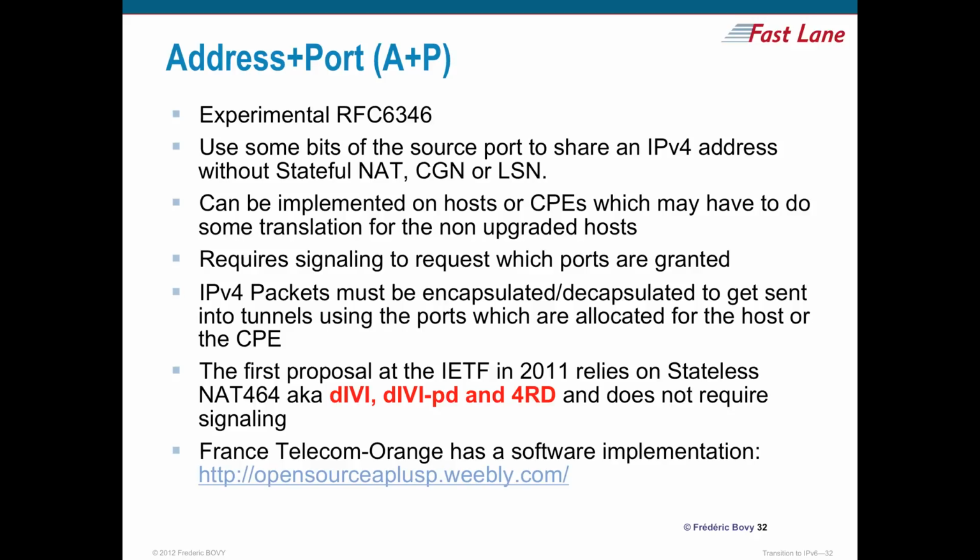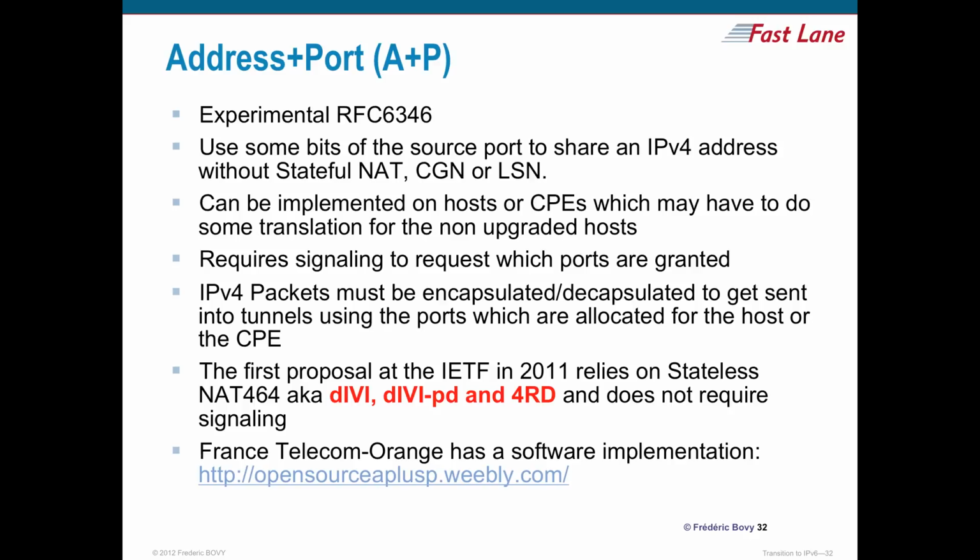So if A+P is running on the host, no problem. The host knows that it doesn't have all the ports available, and we have no problem of breaking the end-to-end connectivity, for instance. So the end-to-end peer-to-peer capability of the Internet is restored.